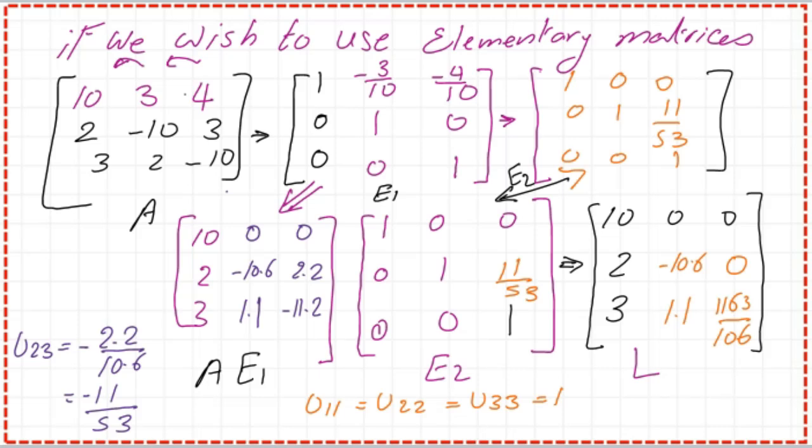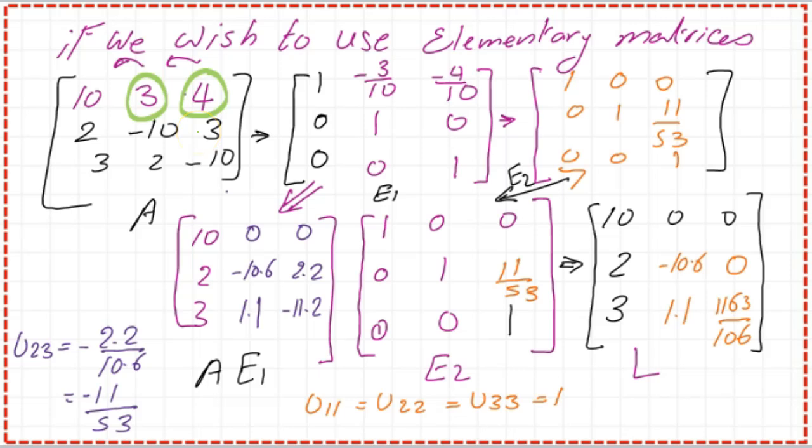We are going to perform the same column operation but using elementary matrices. This is matrix A. Again, we want to turn matrix A into a lower matrix, which means that we want to eliminate 3 elements, 3, 4, and 3.